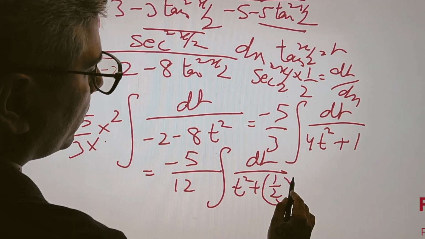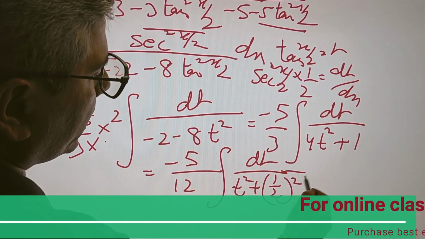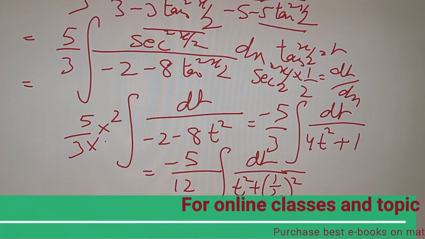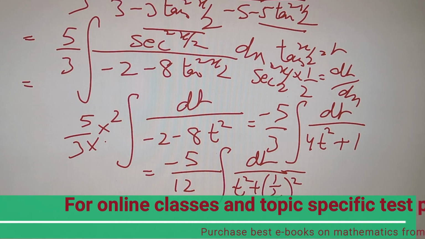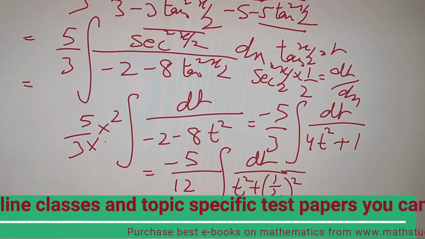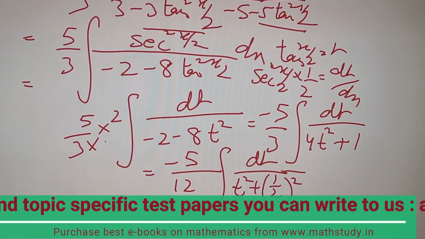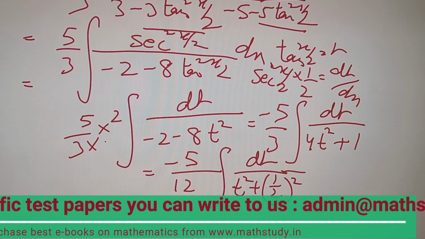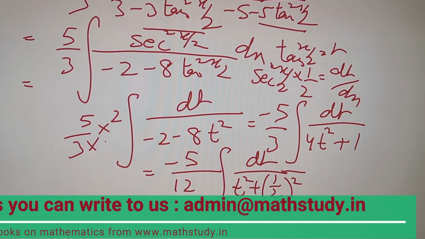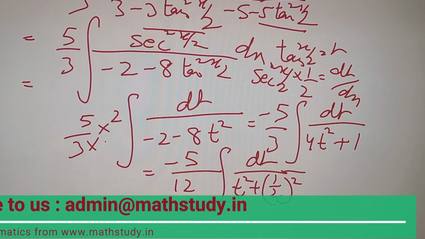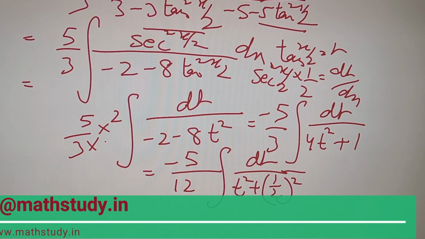by 2, we can write it this way, because we are getting 1 by 4 here, and 1 by 4 will be 1 by 2 whole square. Very simple. Now we have to memorize the formula of tan inverse t. Basically integration of 1 upon 1 plus x square is nothing but tan inverse x.